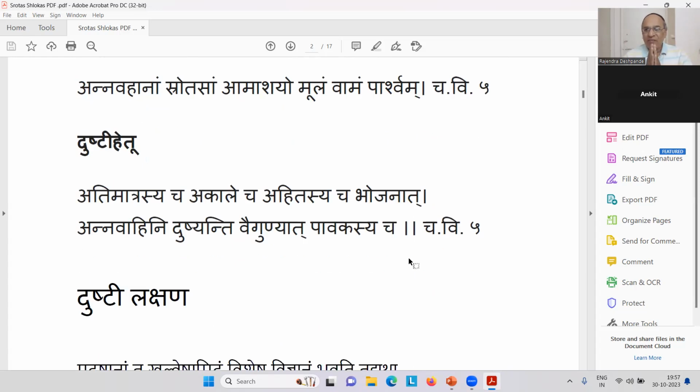My dear friends, I request all of you, immediately open your own purchased Roga Nidan book, whether Marathi, Hindi, or English. From that textbook, write down all the shlokas one after another in your notebook in your own handwriting. Please don't ask, sir, please send me that PDF. Why should I send it? Make your own effort.